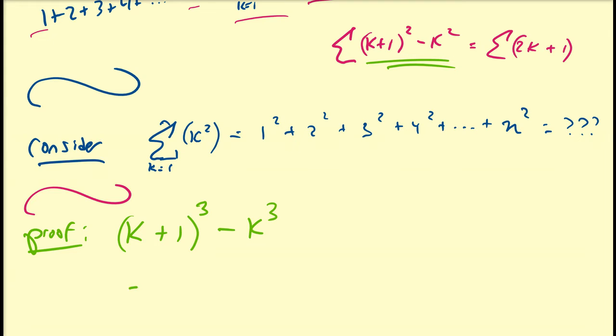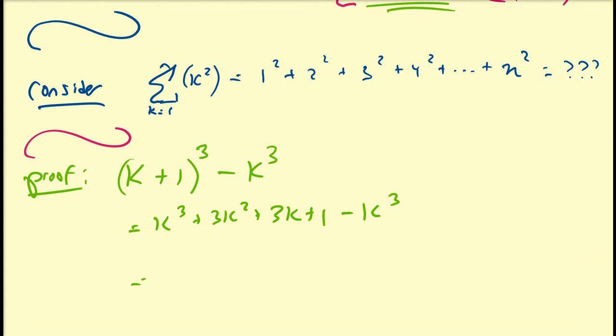So k plus 1 cubed is going to be equal to k cubed plus 3k squared plus 3k plus 1, minus k cubed. The k cubes eliminate one another, and that's going to be 3k squared plus 3k plus 1.